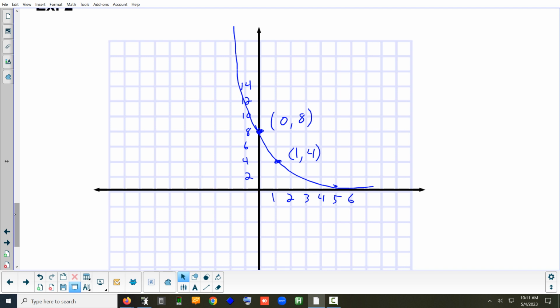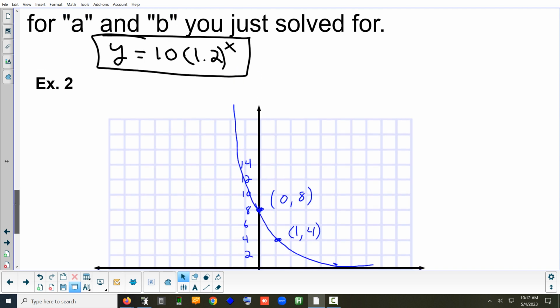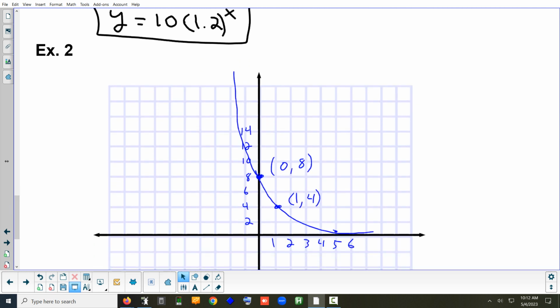So see if you can first identify if it's growth or decay. The directions are on the board. They are on your guided notes. So tell whether the graph is growth or decay, and then write a rule. So really, it's just like the last.